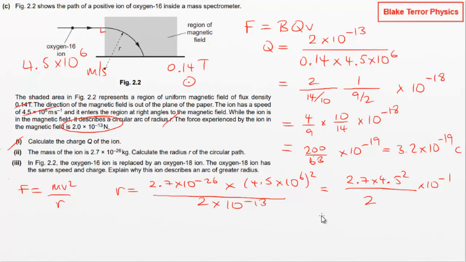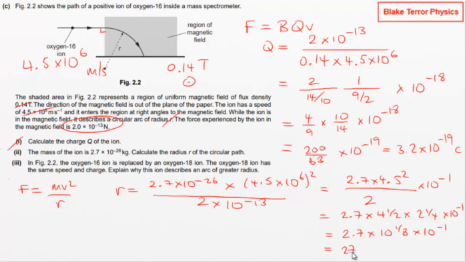So that's going to be 2.7 multiplied by 4.5 multiplied by 2.25 multiplied by 10 to the minus 1. 4.5 times 2.25, so that's going to be 10 and an eighth times 2.7. 2.7 times 10 and 1/8 times 10 to the minus 1.